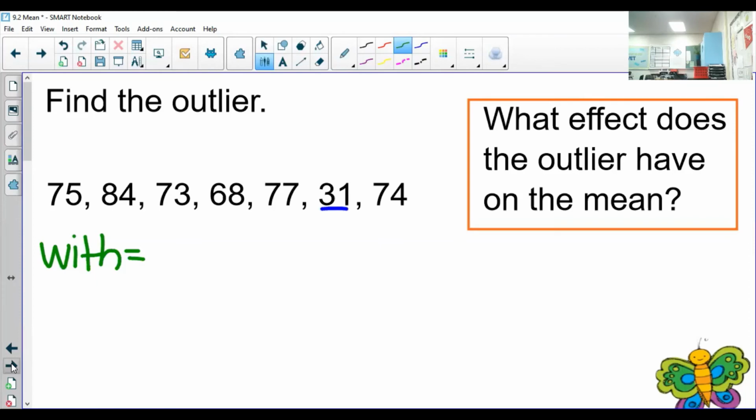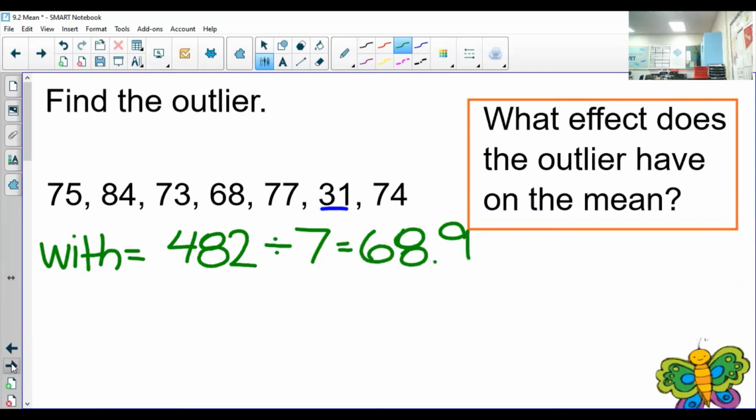If you add those all up, you get 482. Divided by how many numbers? 7. And you're going to get kind of a wonky number, but we'll just round and we'll call it 68.9. And that's with the outlier, with this random 31.